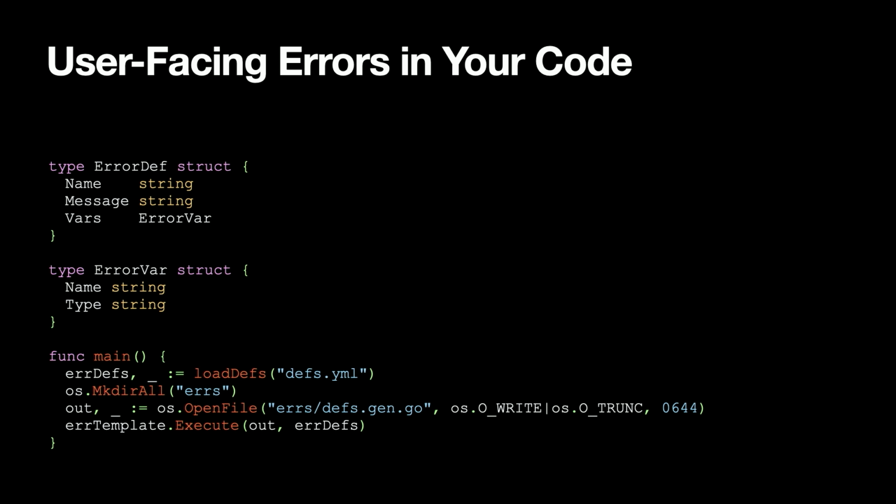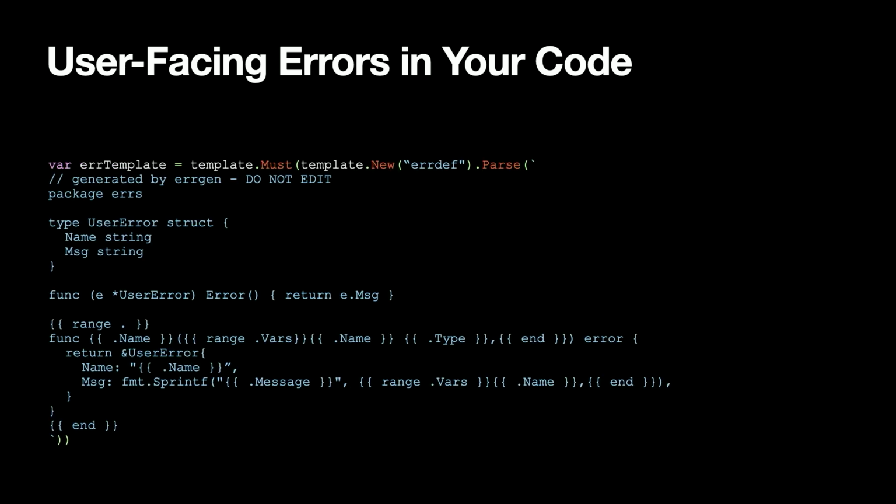Parsing out those variables isn't too hard, but that's what we expect this load defs function to do. And then at the end, all we do is we execute a template with all of our error definitions in it.